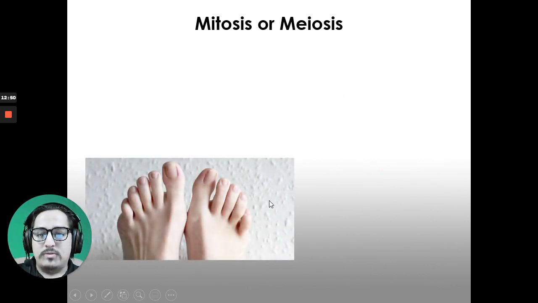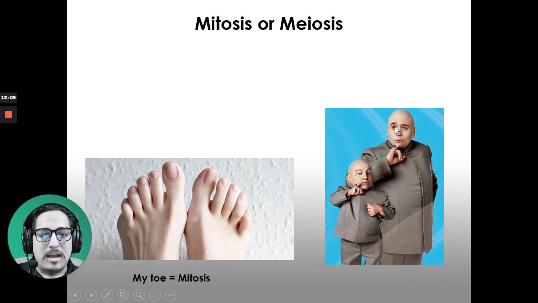Here we have toes, somebody's toes. Listen to this. Here you have mitosis. So this is going to help you remember. If you remember, oh, my toes, that's part of your body. Mitosis is for part of my body, right? Mitosis.